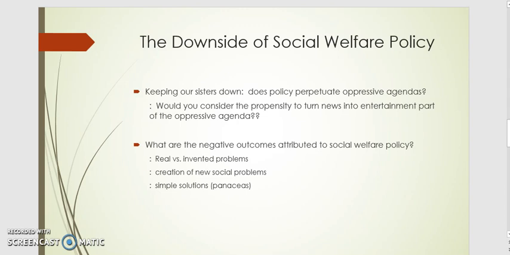Solving problems requires persistence, and you should be aware that simple solutions to these social problems often promote class, racial, and gender prejudice.